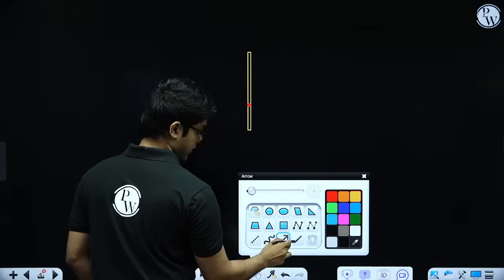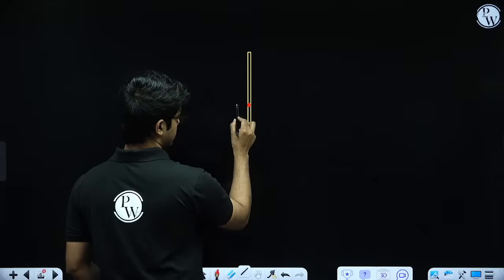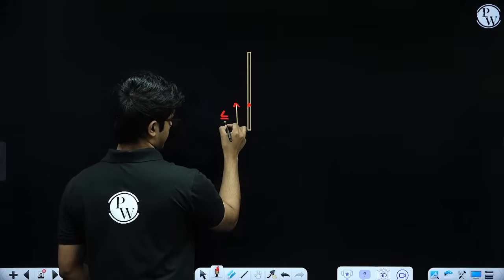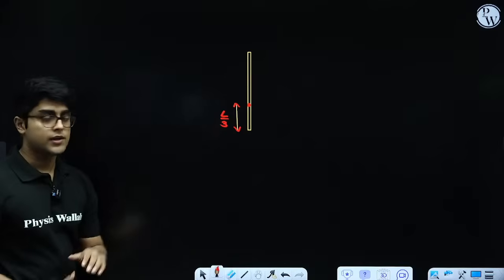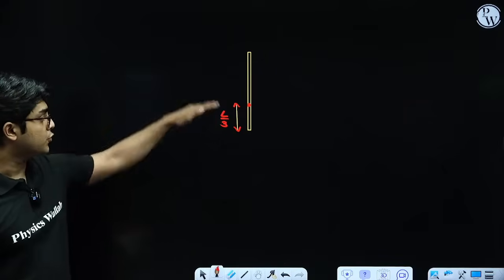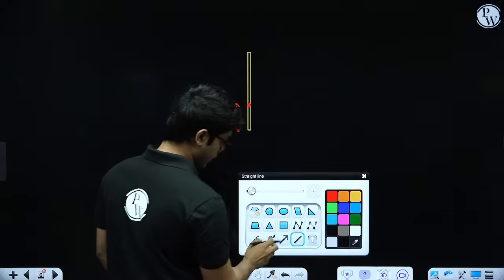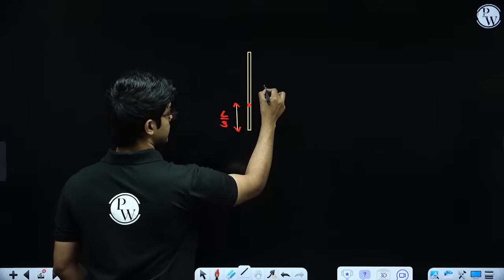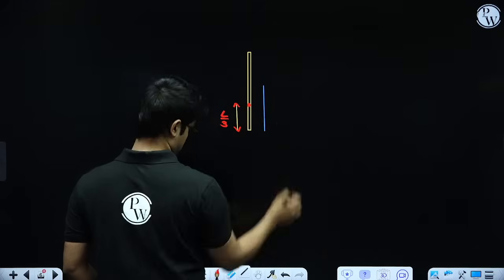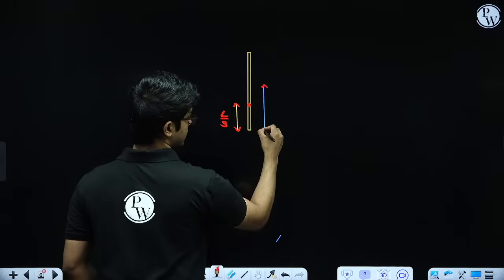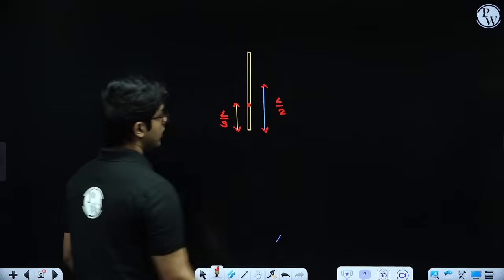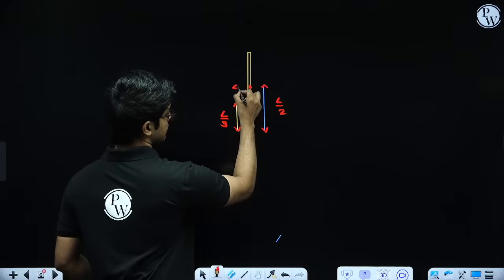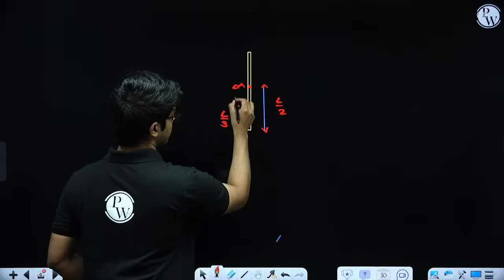This length was given to be L by 3. As this is a thin uniform rod, the center of mass will be at L by 2 distance. So the center of mass will be somewhere over here and this distance is L by 2. What is the distance of the center of mass from this hinge point?